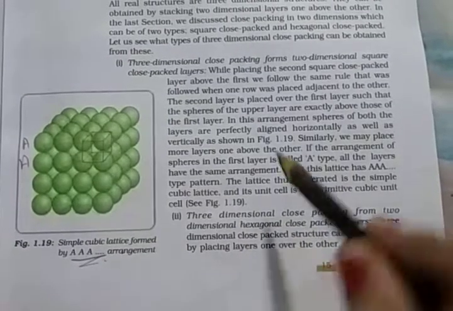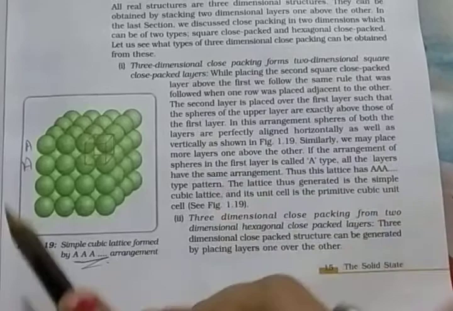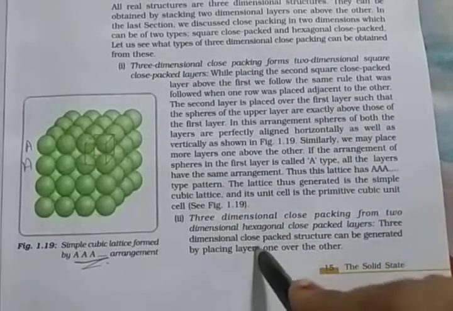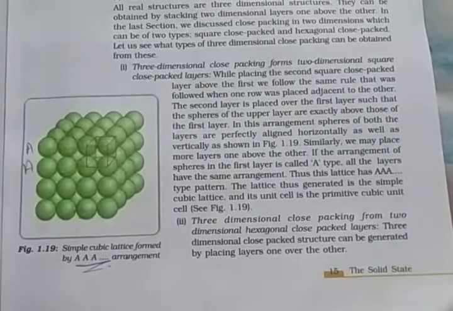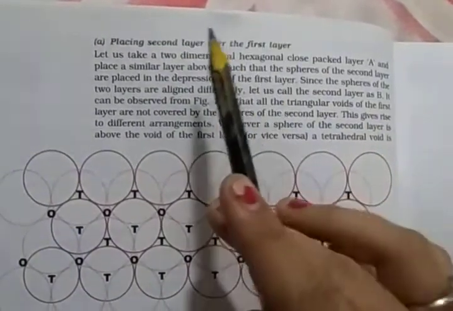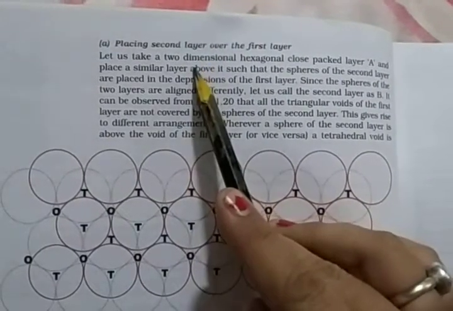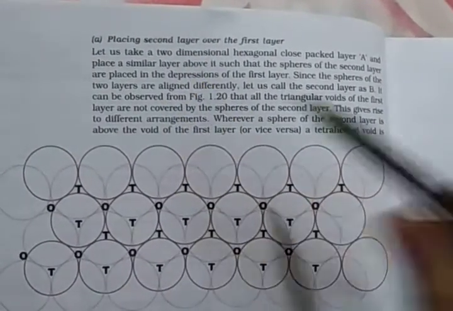You already know about the square close packed structure, AA arrangement, and the hexagonal close packed structure, AB type arrangement. So we have to see 3D forming from hexagonal close packing, divided into two types.